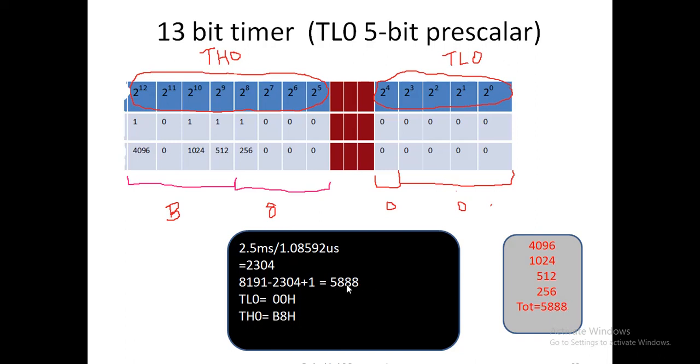Now the bits are 1 0 1 1 0. 1 0 1 1 is nothing but B. The next 1 0 0 0 is 8. So with the help of TH0, I will load B8 in the TH0 register.